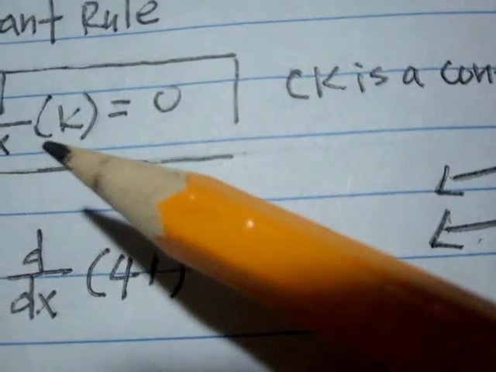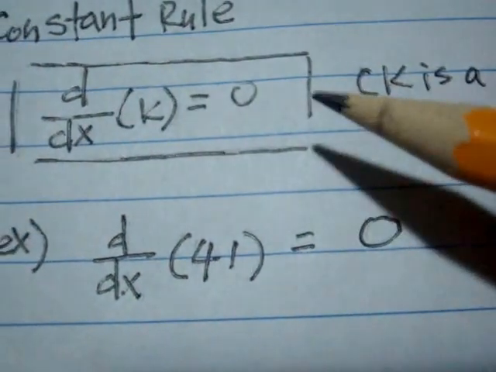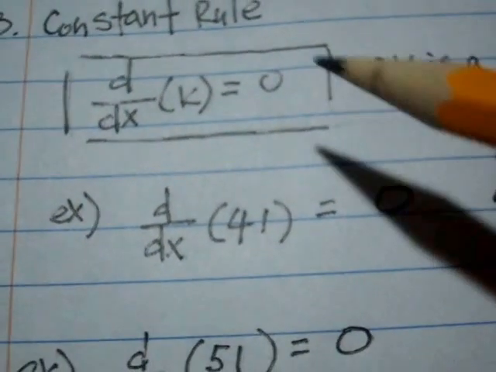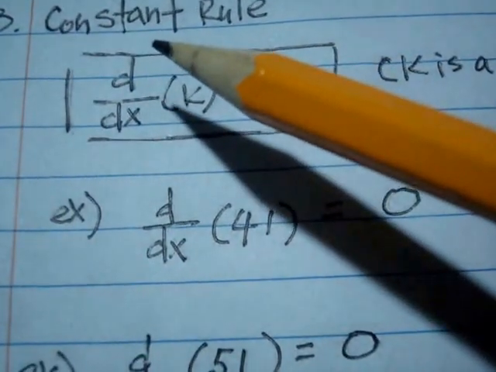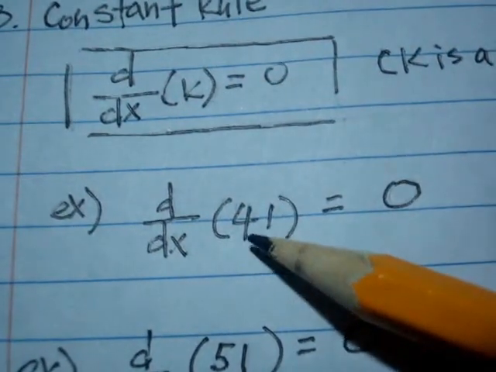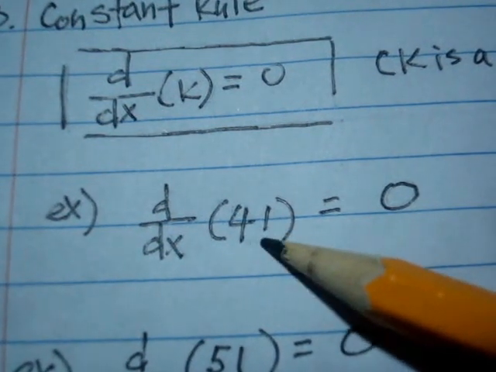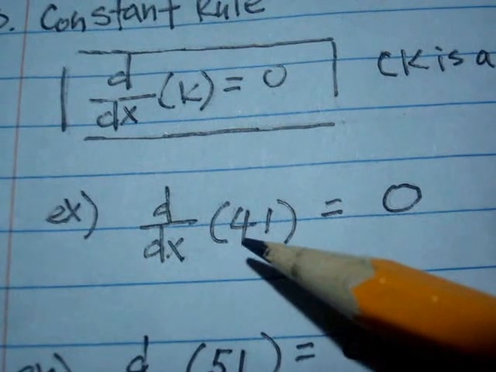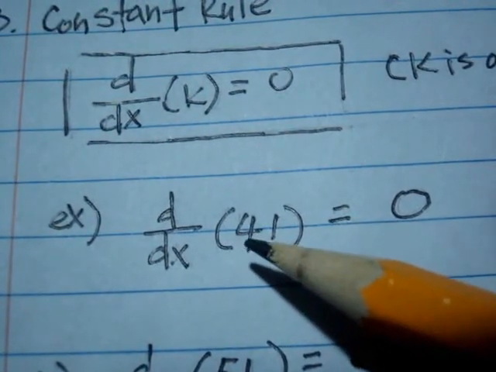So that's why every time you take the derivative of a constant, the answer is always 0. One way to recognize a constant rule is that this expression is always going to be a number. There's no variable in it. If there's a variable in it, then you need to use another derivative rule.